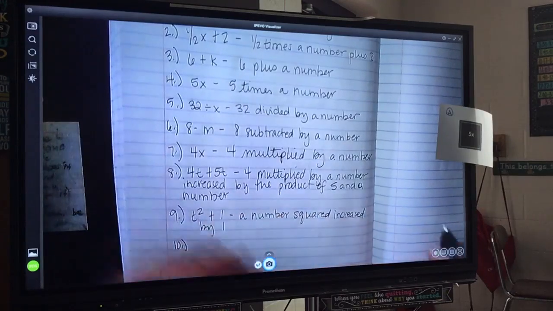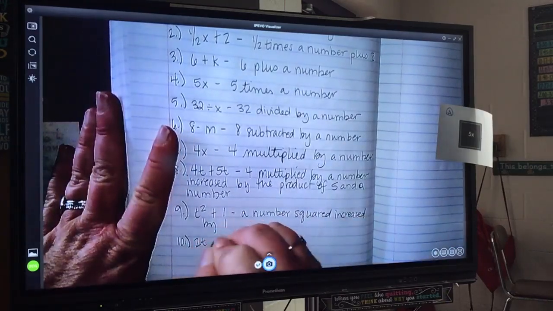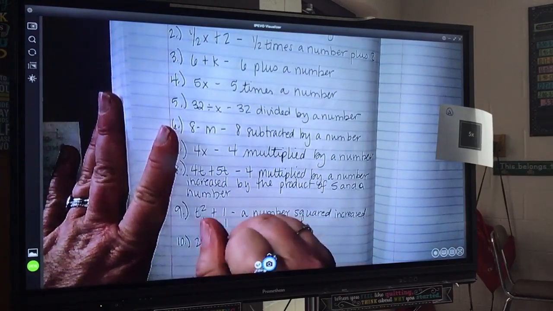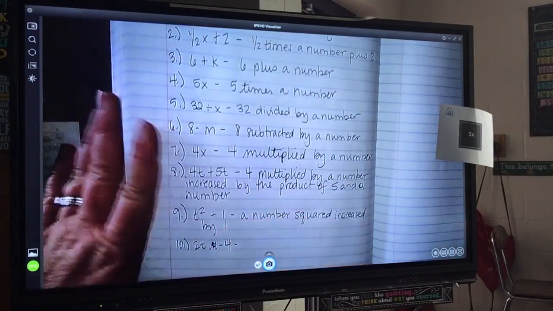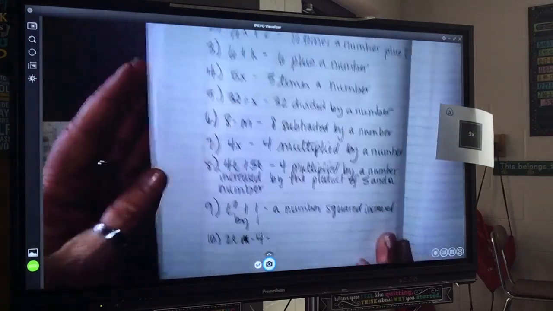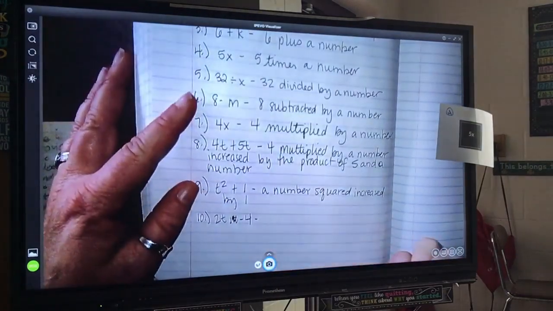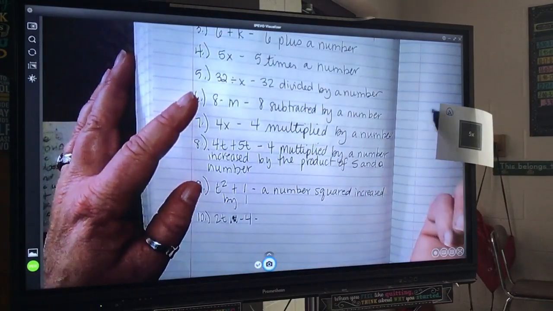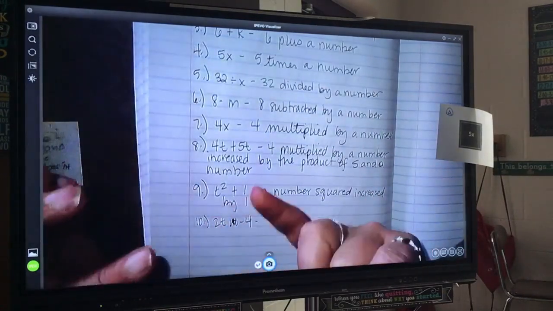Alright, number 10 was 2t minus 4. Alright, Jack. Don't say multiply. Well, we've used times twice. You can't use times, so you've got to use something other than times or multiply.